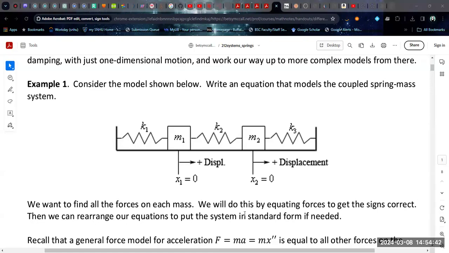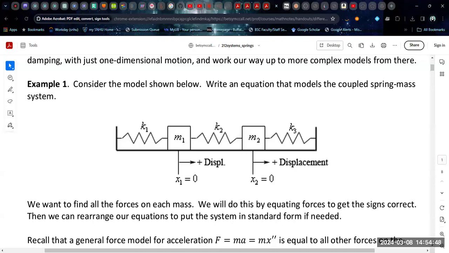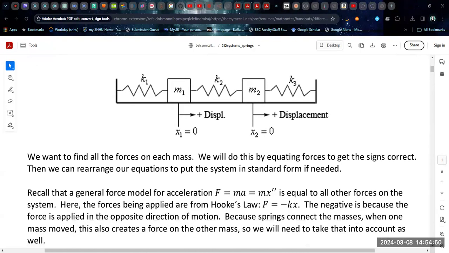And so the first thing that we have is the general relationship that F is equal to ma, and a is x double prime. And then in this case, if we assume that there is no friction, just to get us started, then the other force that is being applied here is Hooke's law, which is going in the opposite direction and is F equal to kx or negative kx.